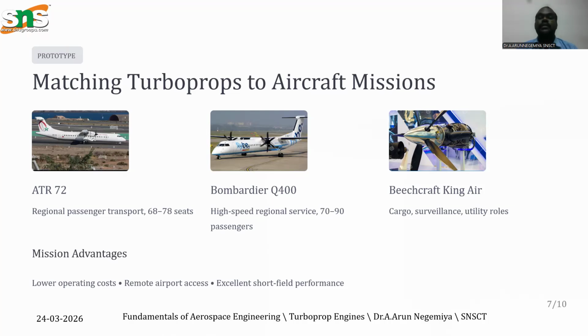Next one is the Bombardier Q400, where 70 to 90 passengers travel in this plane. And next one is cargo flights. The cargo and surveillance flights can be used to monitor other countries and to monitor criminal activities in India.